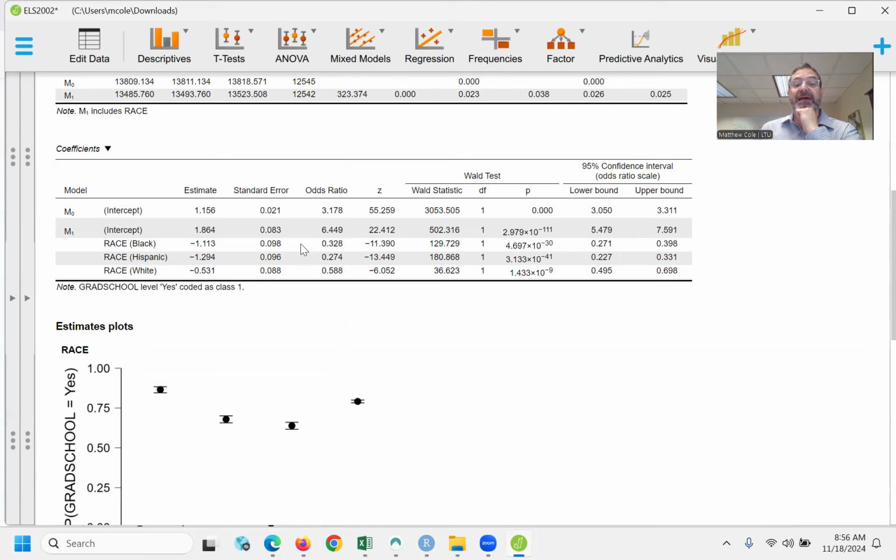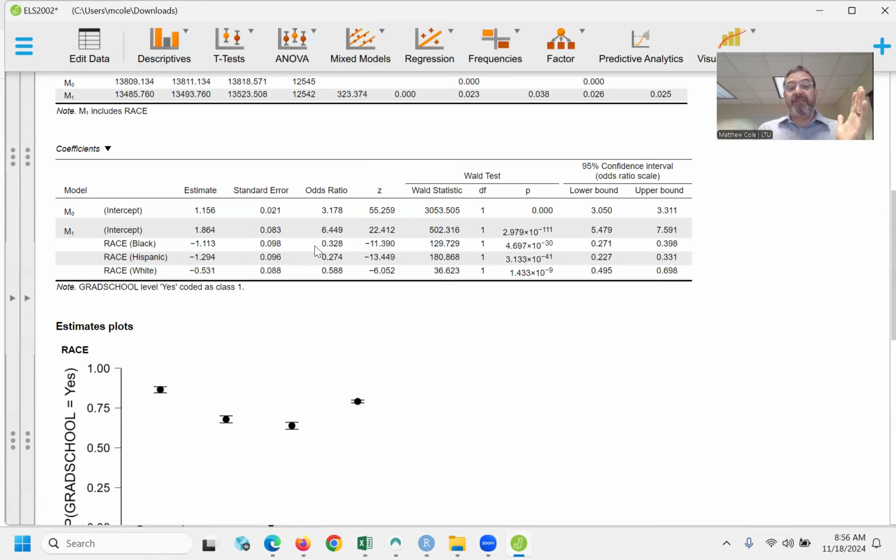But look, blacks are less likely, right? It's negative. They're less likely to attend graduate school relative to Asians. And Hispanics are less likely to attend graduate school relative to Asians. And whites are less likely. How much less likely? Well, that's the odds, right?